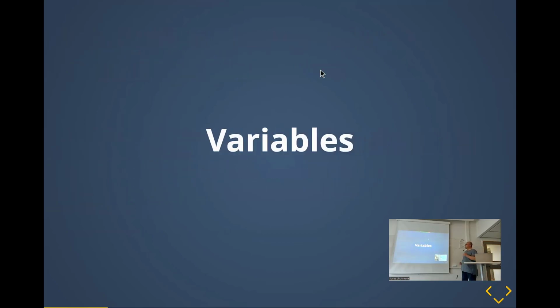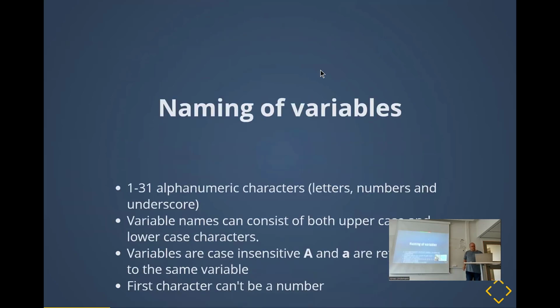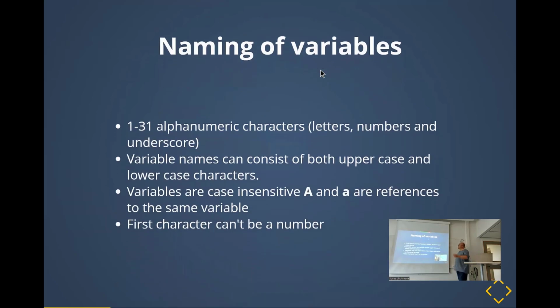So coming back to the language again. An important concept is to declare variables. In Fortran, variable names can be from 1 to 31 characters long. They can contain letters, numbers, and underscore.